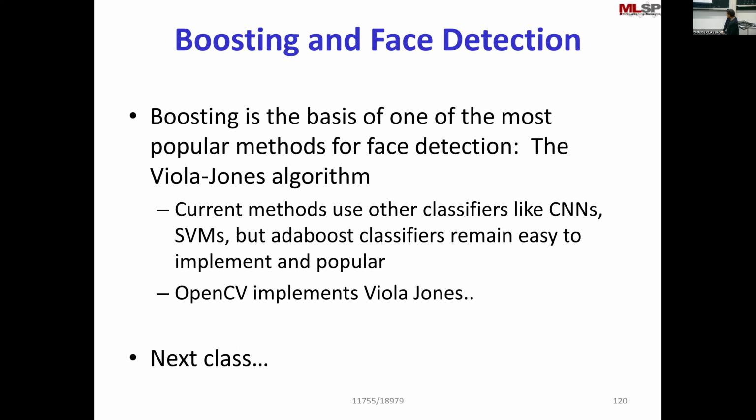It's the basis of the Viola-Jones algorithm, the thing that actually revolutionized computer vision, to be honest. Current methods use CNNs, SVMs, various other things. OpenCV implements this, and the nice thing with AdaBoost is that it's really trivial to write.